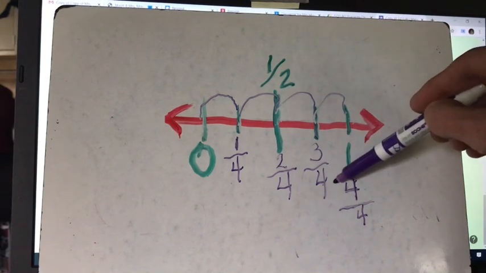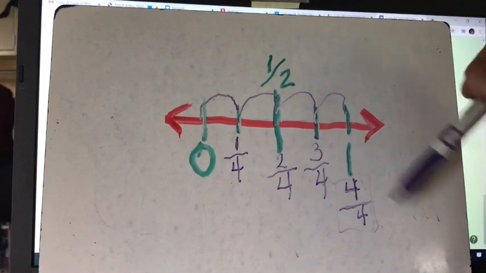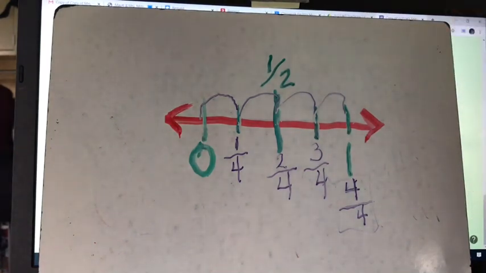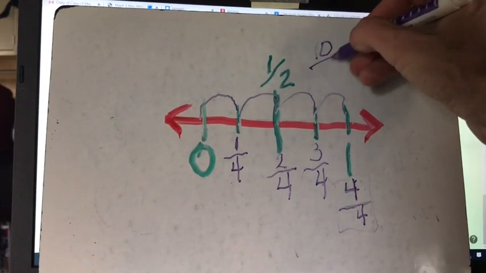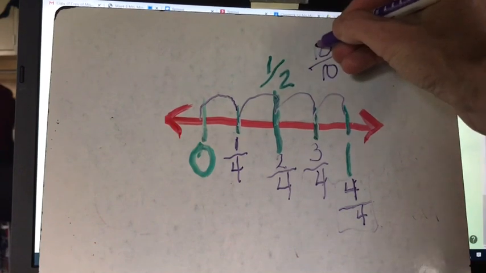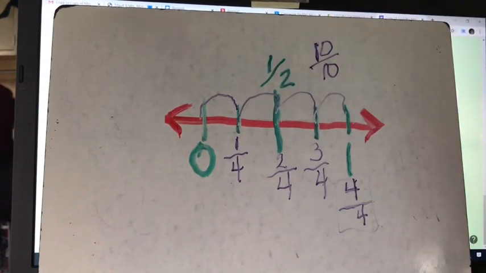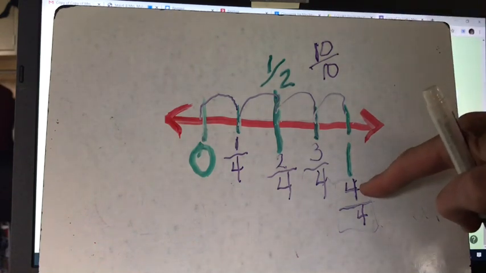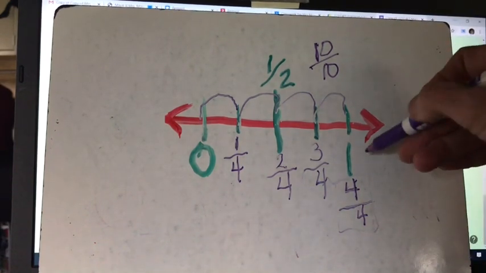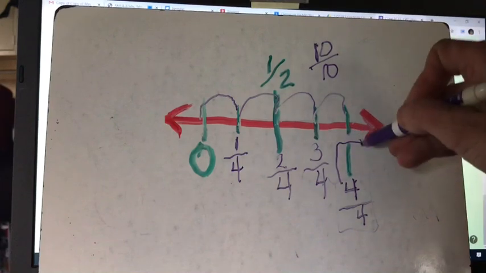The same number over the same number always equals 1 whole. Think about it when I would grade your math boxes quiz. If you got a 10 over 10, it was 100%. 1 whole, the whole paper was correct. So whenever you have numerator and denominator the same, it always means 1 whole.